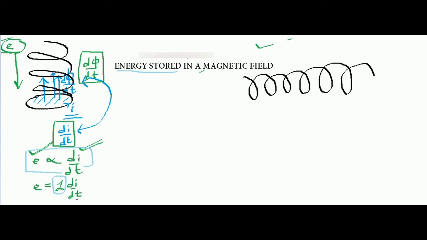If you pass a changing current through this wire, say the current changes as di by dt, then this changing current will produce a changing magnetic flux through this coil, and this in turn will produce an EMF that will try to oppose the increasing current.